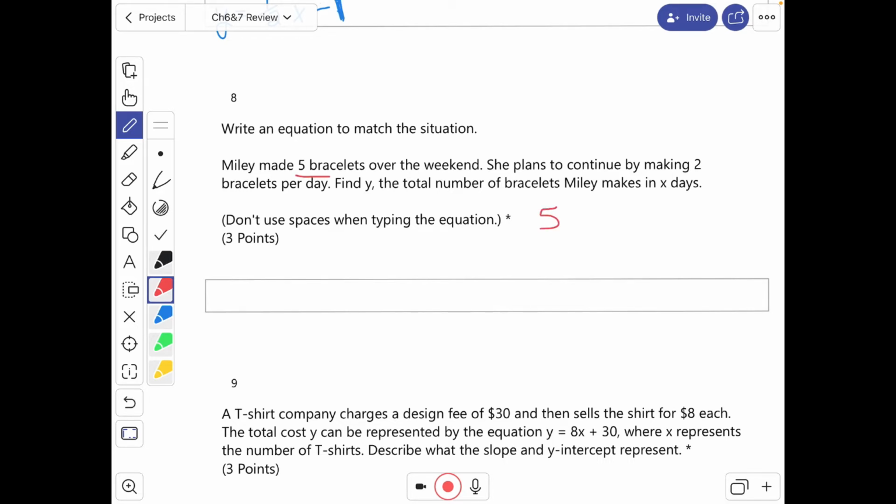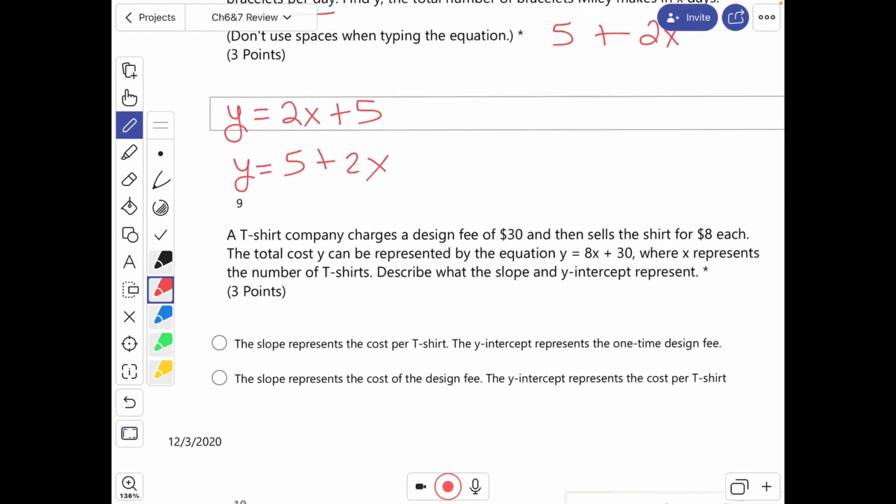She starts out with 5, and she's going to make 2 per day. So 2 times x. So 5 plus 2x. So the equation is going to be y equals 2x plus 5. Or you can write it y equals 5 plus 2x. Either way.